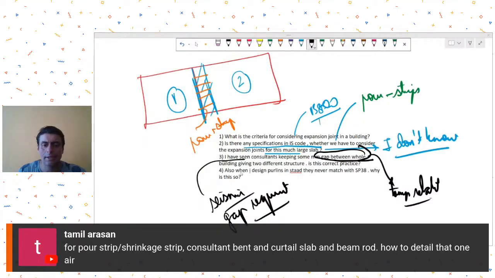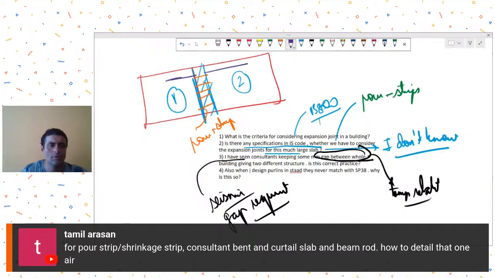Then a related question is from Engineer Tamilarasan. For pour strips, shrinkage strips, do consultants bend and curtail slab and beam reinforcement? How to detail that? The basic principle is that you want to allow the differential shrinkages.